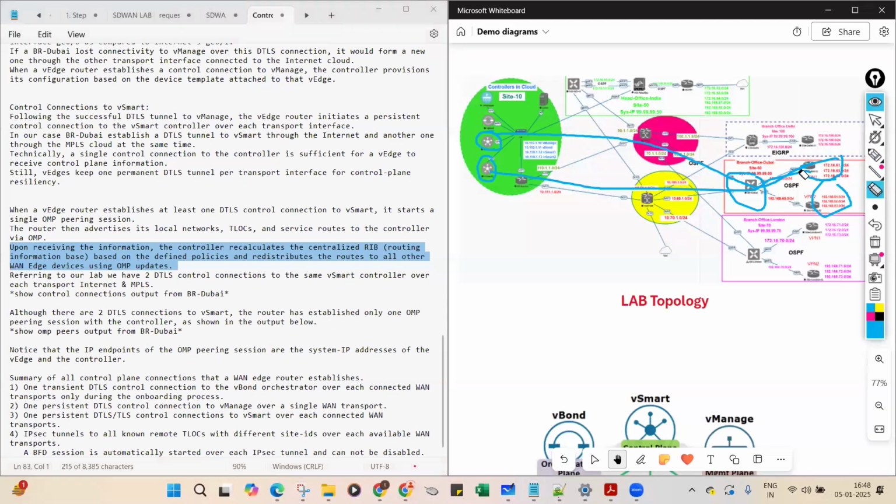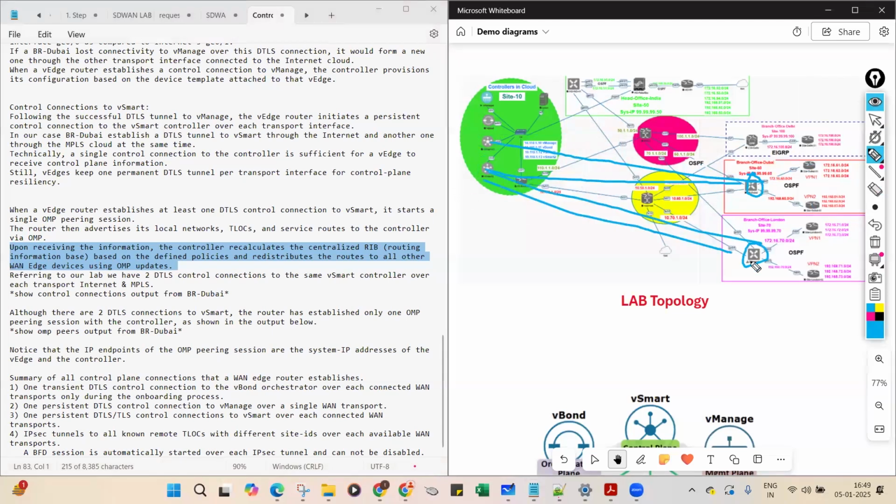So in our case, let's say we have these two branches, BR Dubai and BR London. Once the OMP pairing is done between the vSmart and both the branches, this router will share all these details with the vSmart. This router will also share all these details with the vSmart.